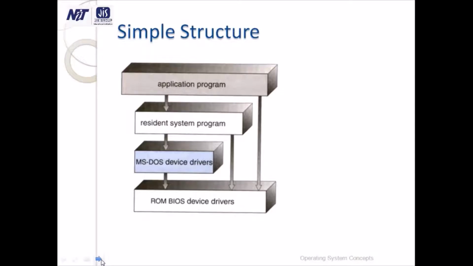The services, like system calls provided by the operating system, are requested by putting the parameters into a well-defined place, such as in registers or on the stack, and then executing a special trap instruction known as a kernel call or supervisor call. Unix is an example of such a system that was initially limited by hardware and functionality, then grew beyond its original scope.